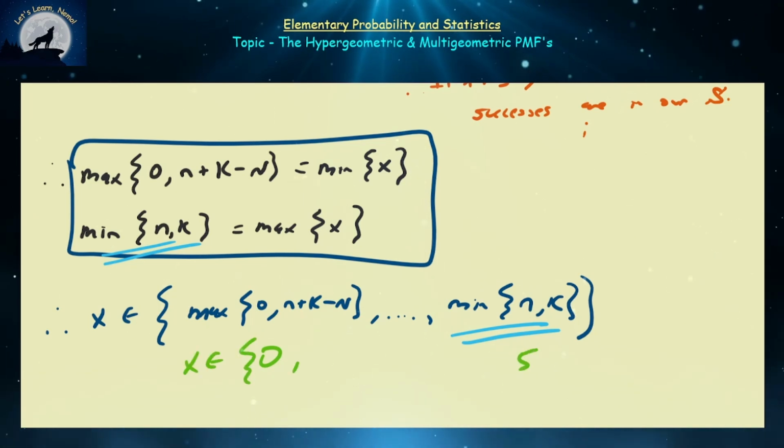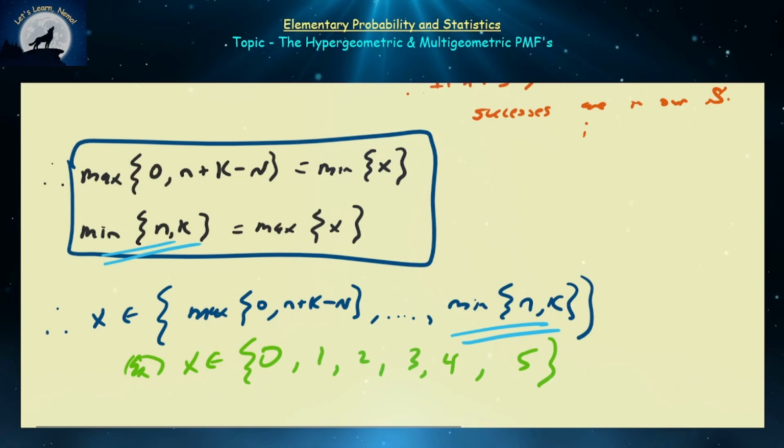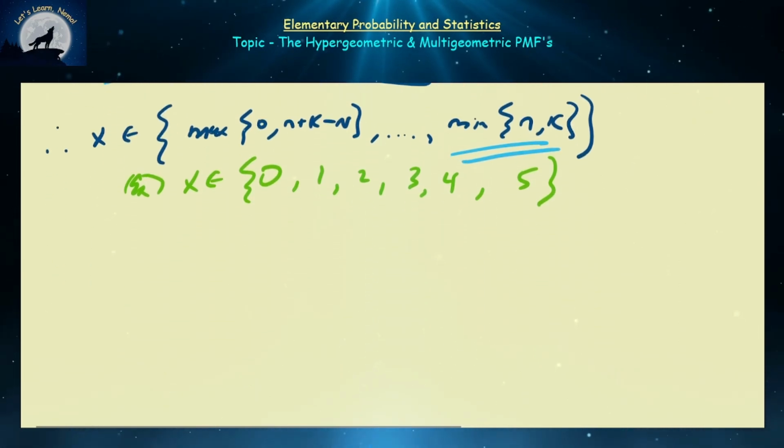So for our example, x ranges over 0, 1, 2, 3, 4, and finally 5. So we could have anywhere from 0 to 5 sick people within our sample.